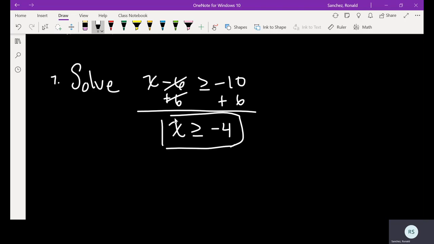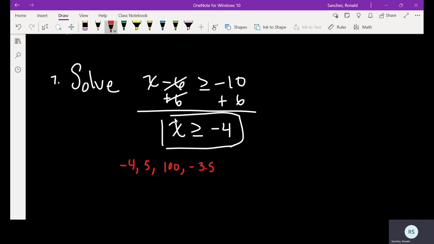What are all values that are greater than or equal to negative 4? What I'm saying here is all numbers that are greater than or equal to negative 4. We have negative 4, 5, 100, and negative 3.5 is actually greater than negative 4.